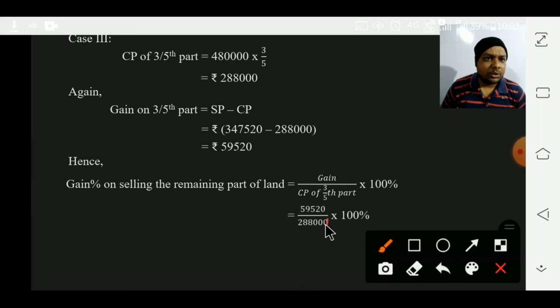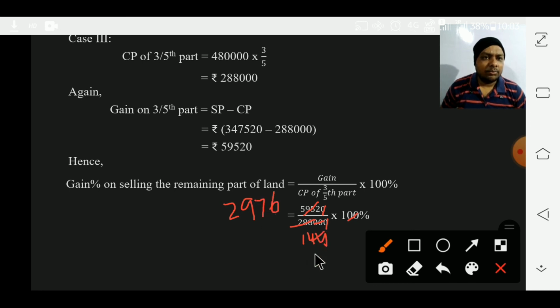1 0 and 1 0 will cancel. Here 2 more 0 will cancel with these 2 more 0. Now 288 and 5952. We can say both are divisible by 2 at first. 144. And here it will cut, 2 2 ja 4, 2 9 ja 18, 2 7 ja 14 and 2 6 ja 12.